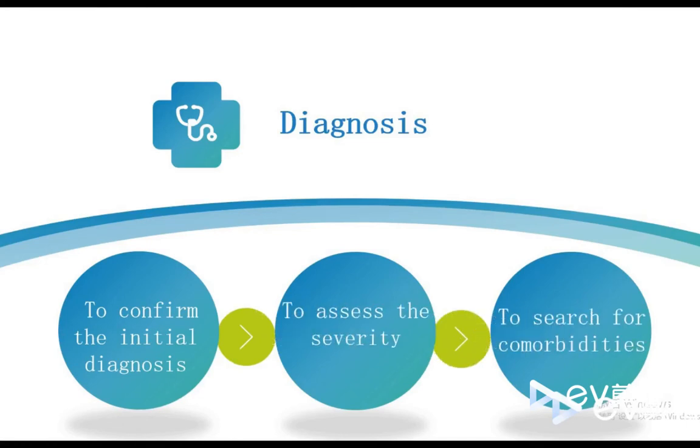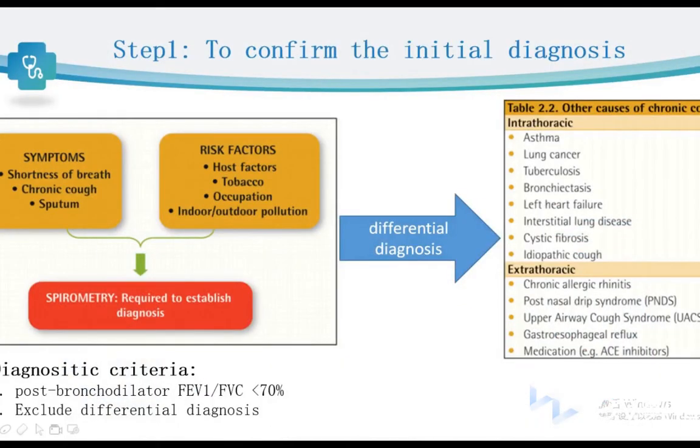Generally, the systematic diagnosis of a disease includes 3 steps: to confirm the initial diagnosis, to assess the severity of the disease, and to search for the comorbidities. Step 1. To confirm the initial diagnosis.